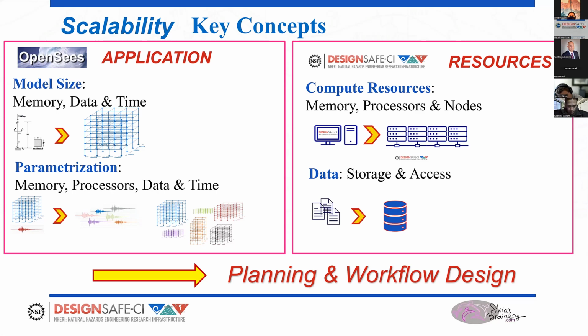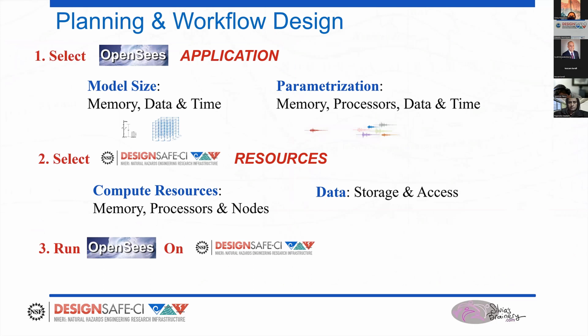And so that brings in the concept of planning and designing your workflow. So how do you start from the very simple example and build your way up to your billions of analyses? And it's great with DesignSafe because you can do all that, quote unquote, in-house. And so as you do that, it's pretty much 3 simple steps.